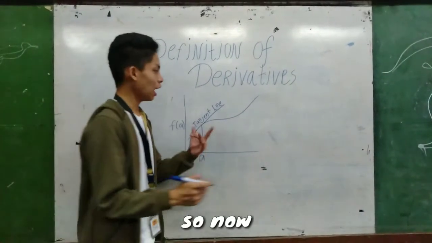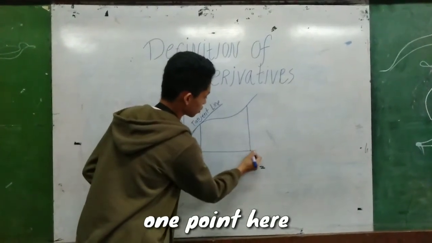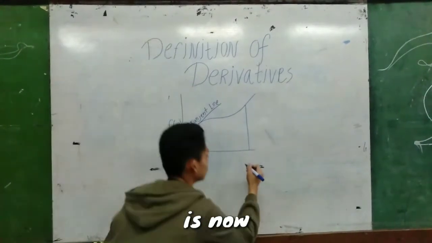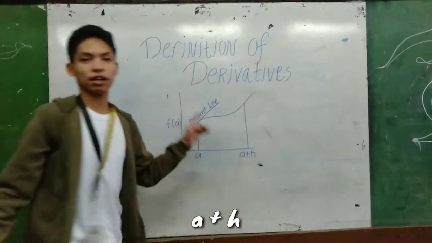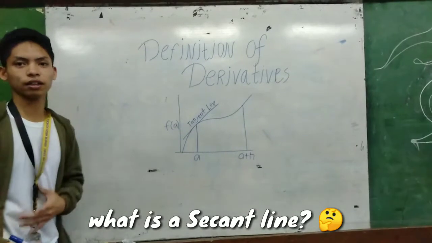So now, I'm going to add one point in here. This point is now A plus H. So now, what is the second line?